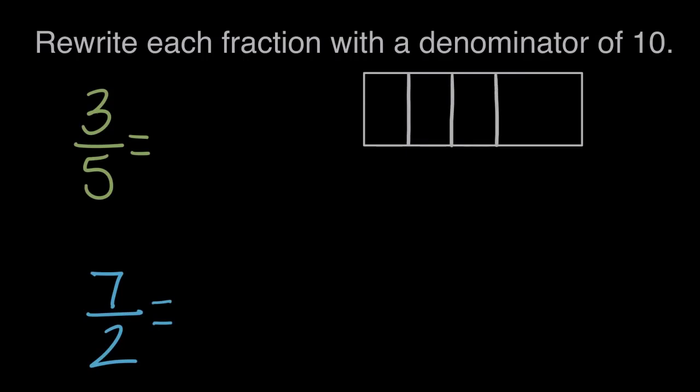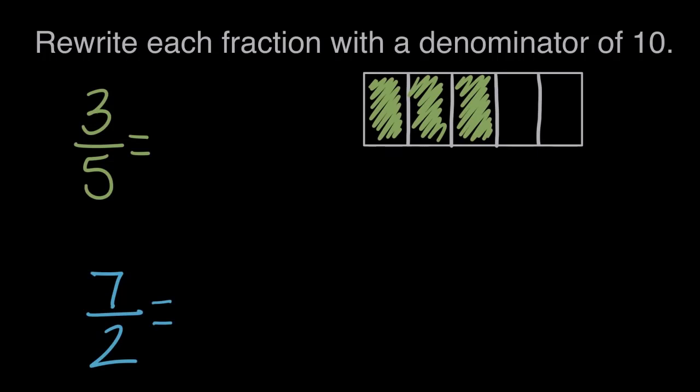So these should represent 5 equal pieces, or fifths. And to show 3/5, we need to shade 3 of those 5 pieces. So 1, 2, 3 of those 5 pieces should be shaded in to show 3/5.